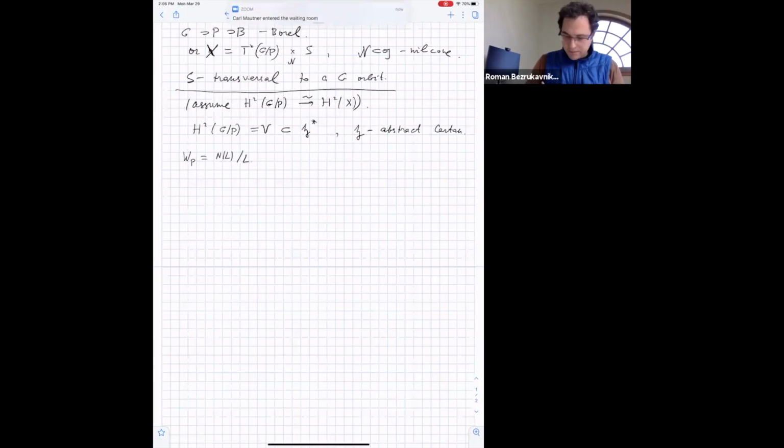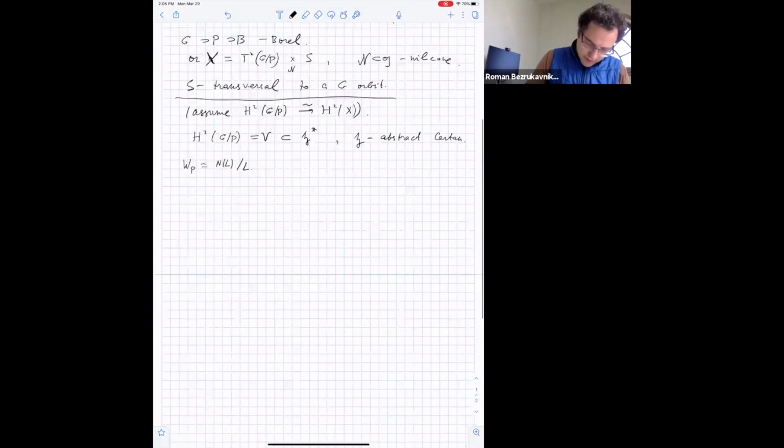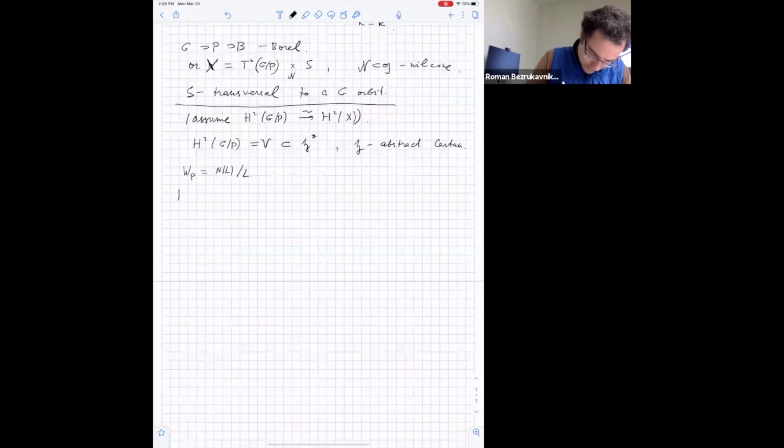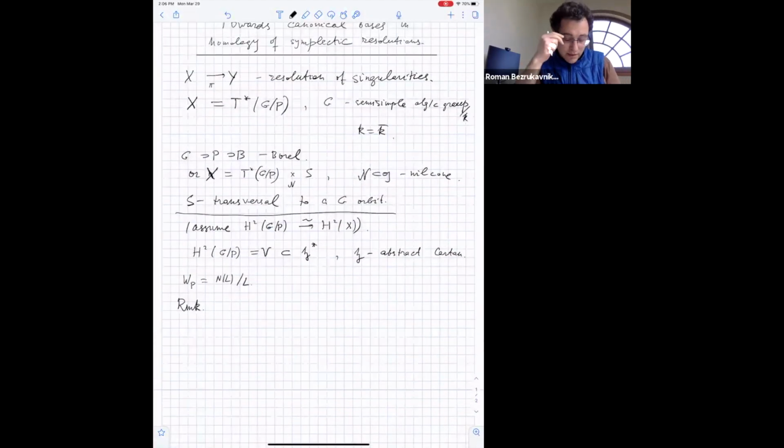And then just a standard remark that different parabolics may give resolutions of the same orbit.